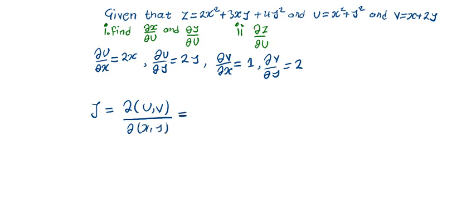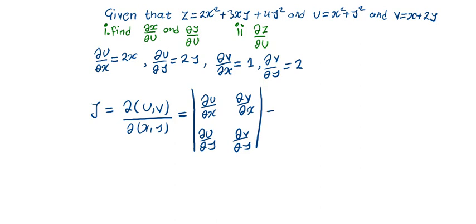This is just equal to, here you're going to have your partial of u with respect to x, then here a partial of u with respect to y, here a partial of v with respect to x, then here your partial of v with respect to y.